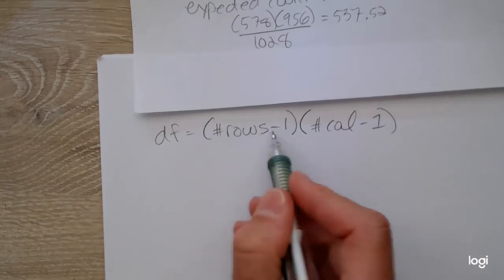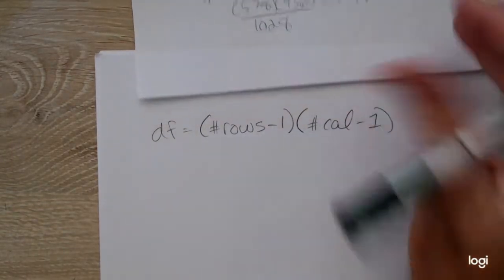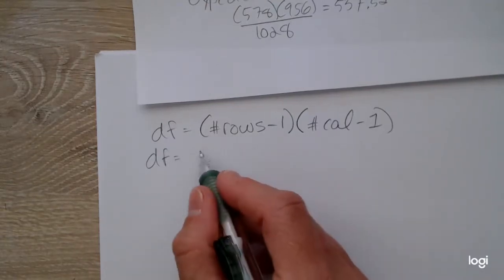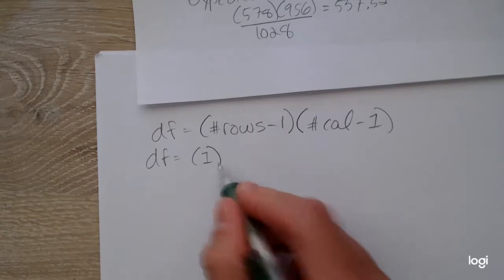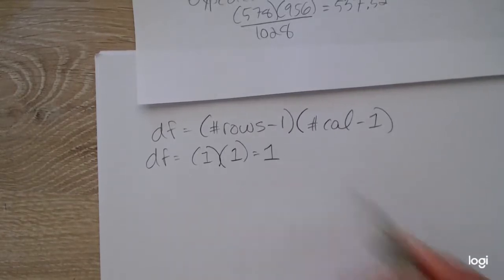So it's your row variable degrees of freedom times the column variable degrees of freedom. So I had 2 rows, so 2 minus 1 is 1, and I had 2 columns, 2 minus 1 is 1, so I have 1 degree of freedom.